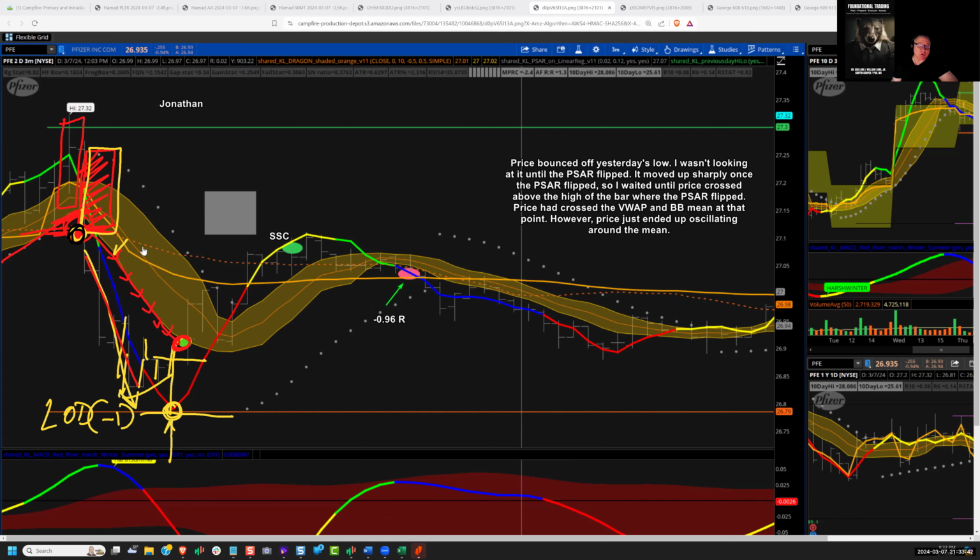Well, that also equals a 1, 2, 3 entry on the long side. So I could go to this low of the day and establish that as my execution risk, right?